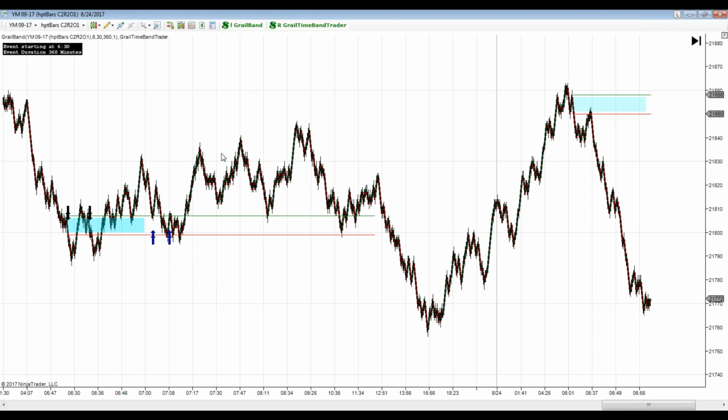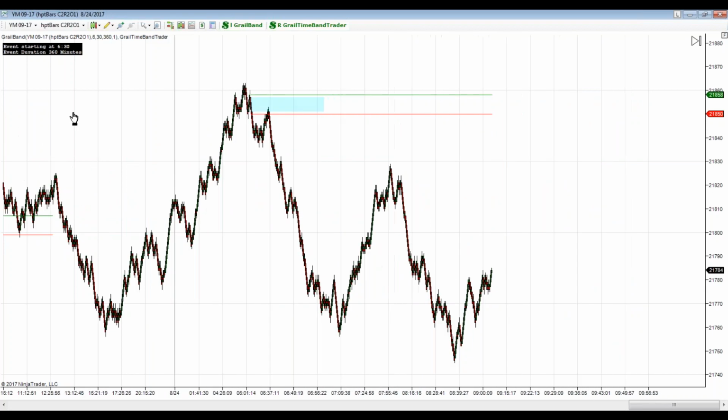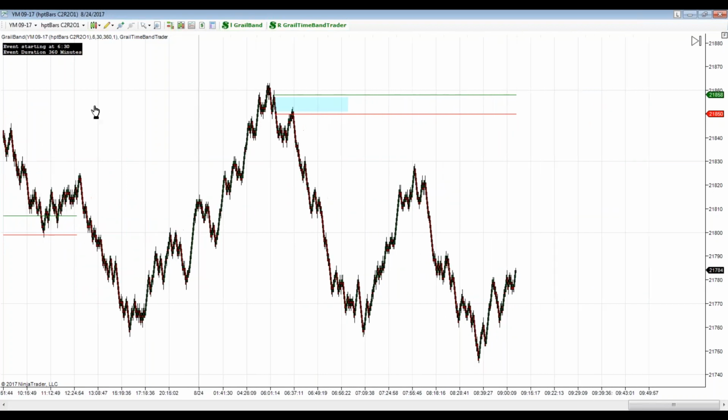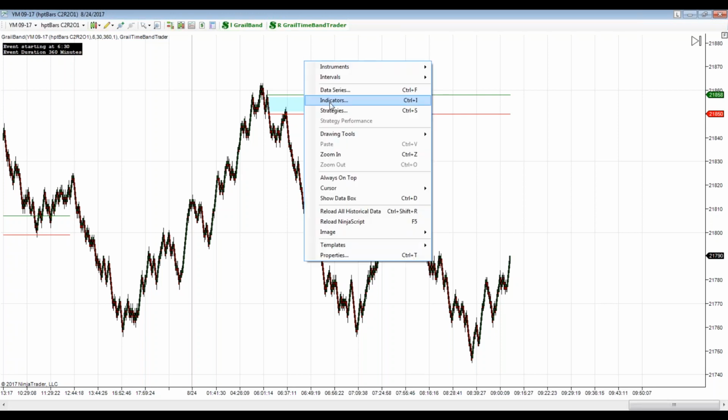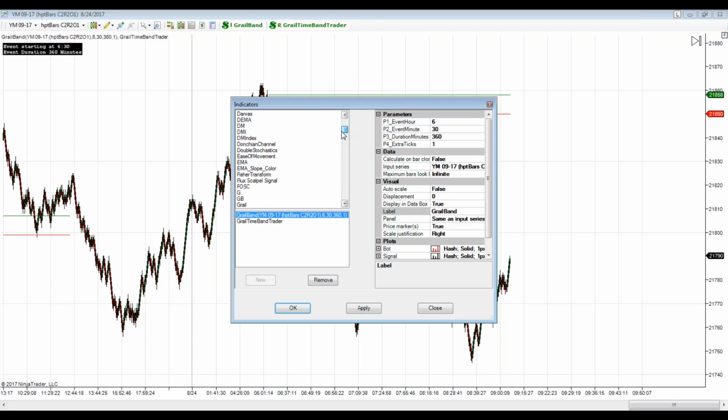All right. Now, I don't have my other indicators up here, and I'm going to go ahead and put them up so I can show you the filters that are running here. All right. So generally what I do, and I don't want to duplicate all this now, is I'll start with the chart template. I'll put the normal chart template up here that we all have that's got all the indicators on it. But I'm going to just go ahead and add them manually so we can see them right now. So what am I going to do here? I'm going to add the Grail BTS.